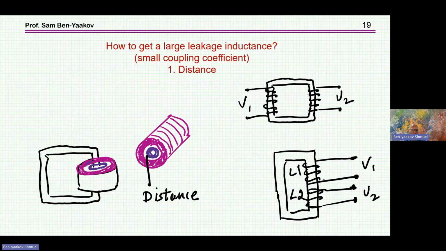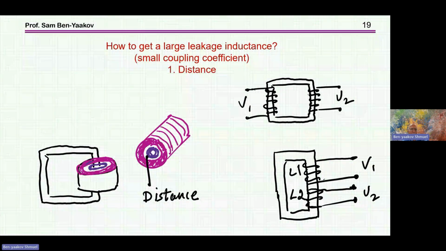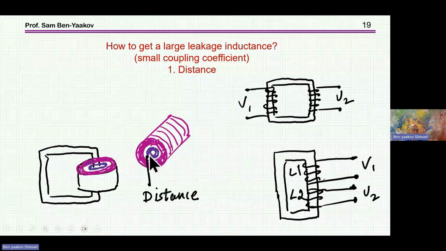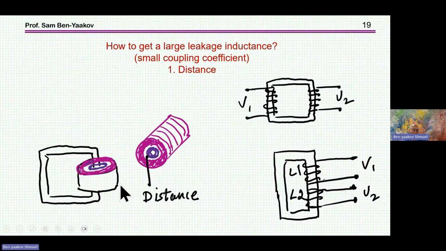So now comes the question, how do we get the large leakage inductance that we need here? Well, there are two ways to go. One is to sort of separate the windings, and the longer the distance, the larger will be the leakage inductance, because you have more room for this flux to escape, you might say. And there is actually a nice equation that you can use to predict the amount of leakage in this case.